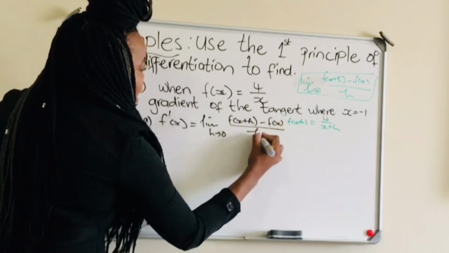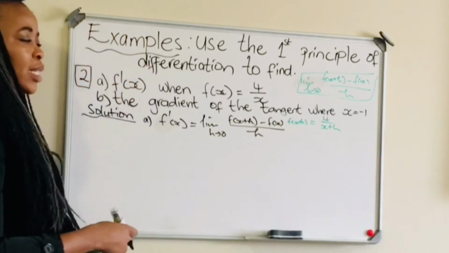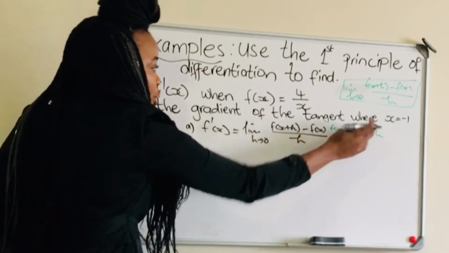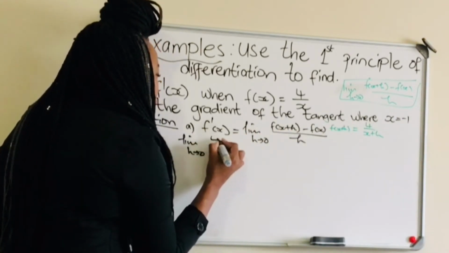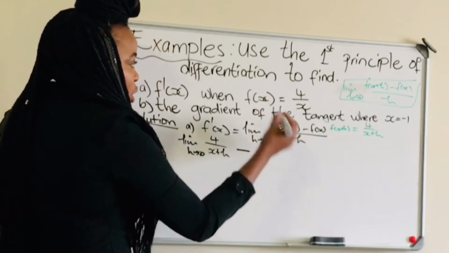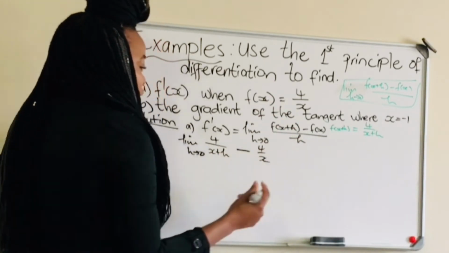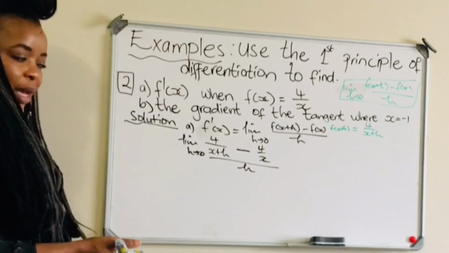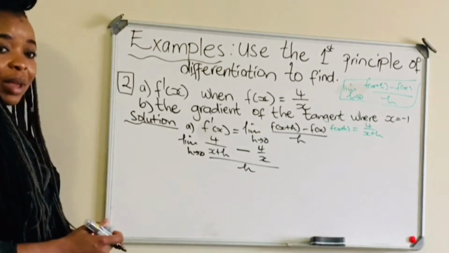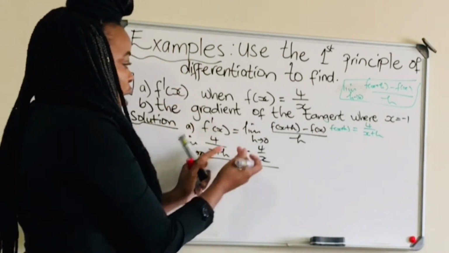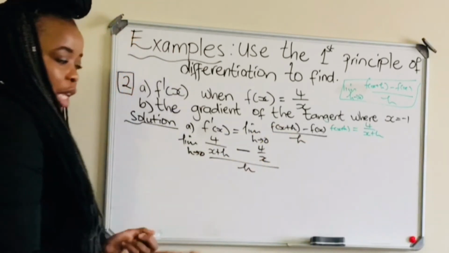We just write this down because we don't want to skip any step. The limit as h approaches 0 of 4 over x plus h minus 4 over x, everything still over h. That may look ugly, but it's the same thing that we have. So we have f of x plus h, which is this, minus f of x, over h.